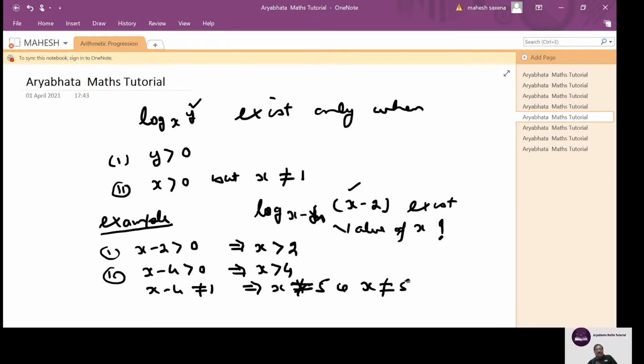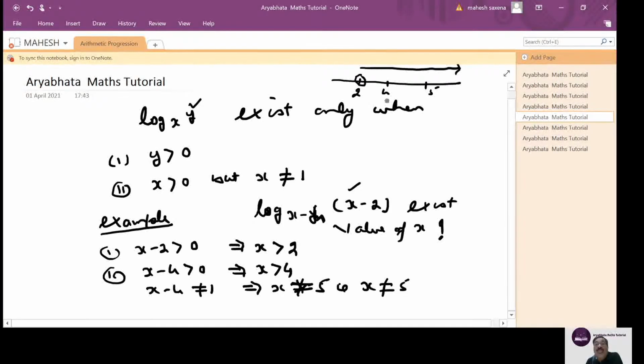Now we come to the number line. Suppose it is a number line, it is 2, it is 4, it is 5. x is greater than 2, it means x should not be 2, x should be on the right side of 2.